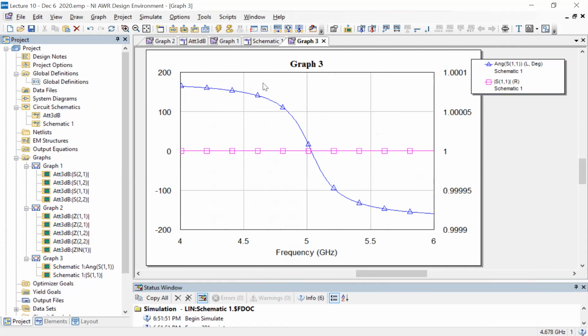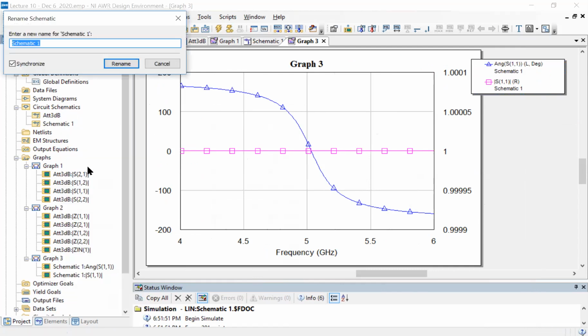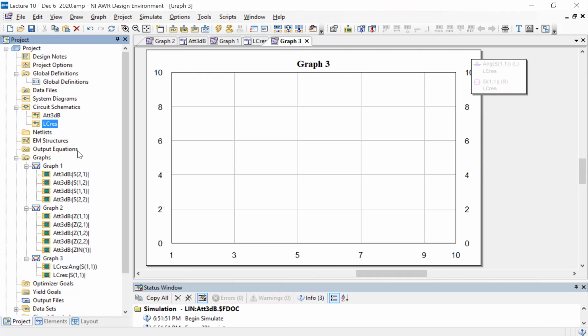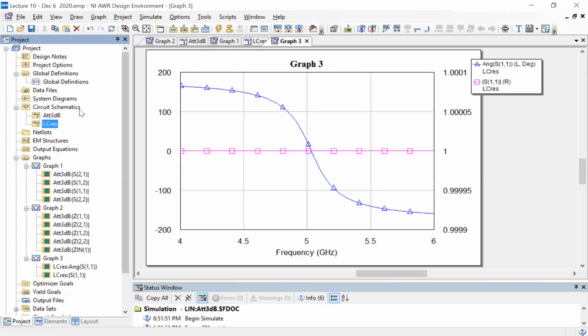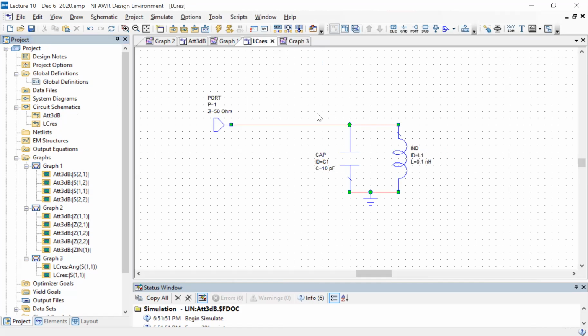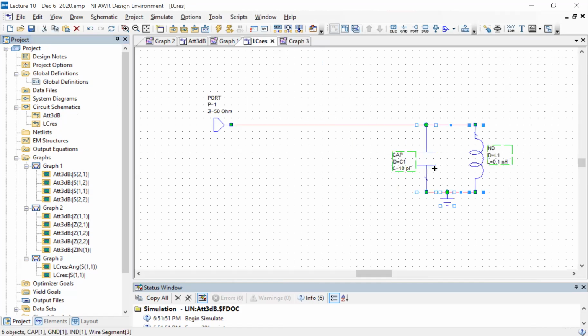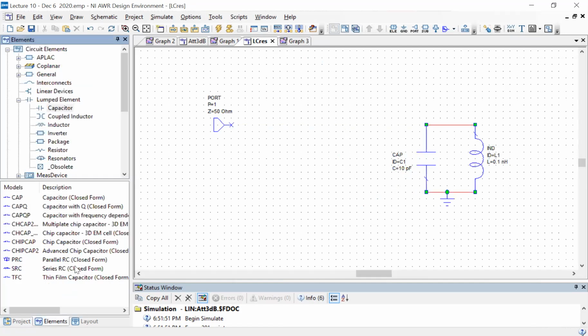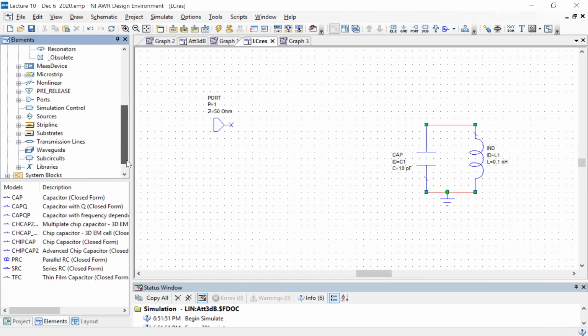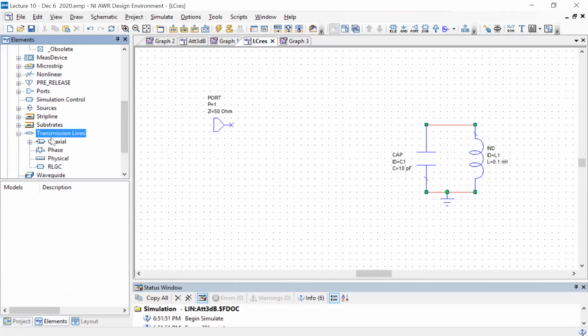Okay, and we also looked at this effect of what happens when you put a transmission line, which is 50 ohms, in between. Put that in again.